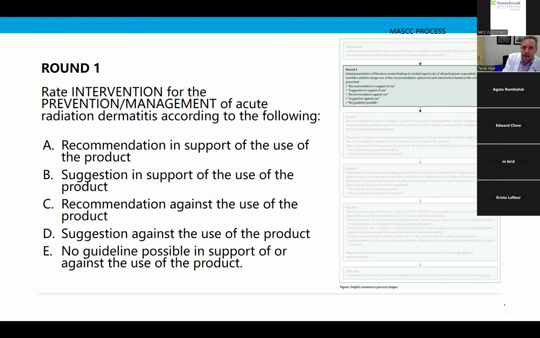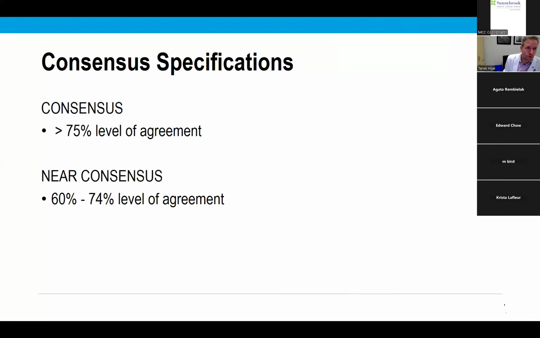So using very similar questions. And on the scientific part, there was a level of agreement and consensus specification. We needed to have 75% level of agreement amongst the 19 participants. Near consensus was 60 to 74.